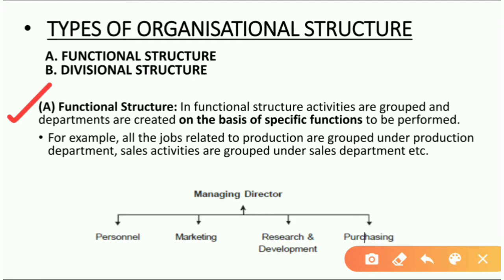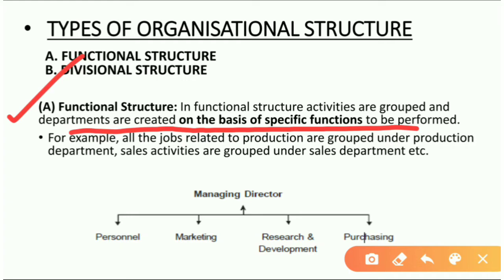Functional structure means activities are grouped and departments are created on the basis of specific functions. Whatever functions are done in the organization, on the basis of those functions the departments are created.